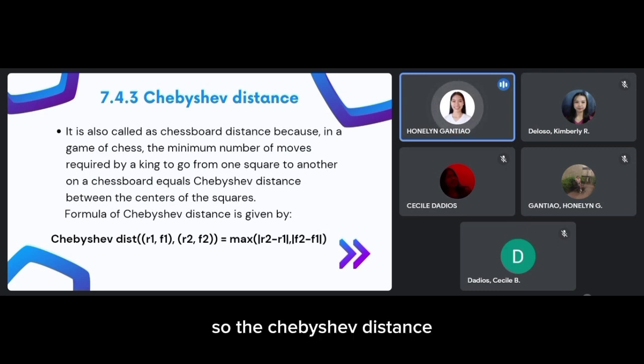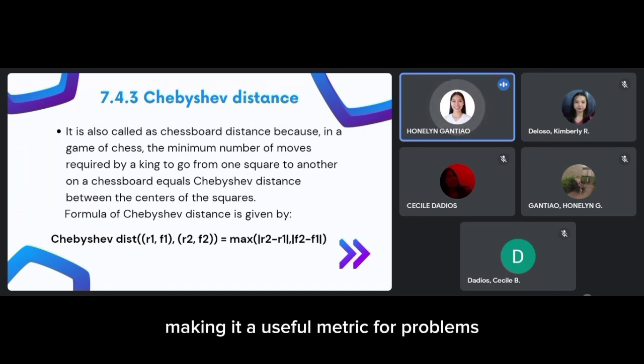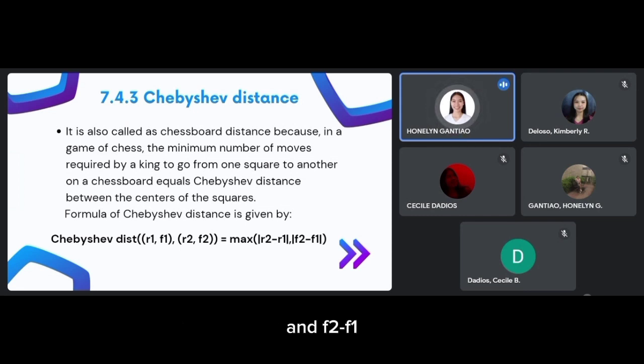The Chebyshev distance measures the greatest absolute difference between corresponding coordinates of two points, making it a useful metric for problems where movement can occur in any direction. The formula is: Chebyshev distance of (R1, F1) and (R2, F2) is equal to the maximum of the absolute values of R2 minus R1 and F2 minus F1.